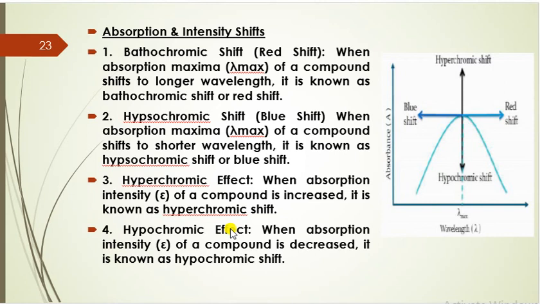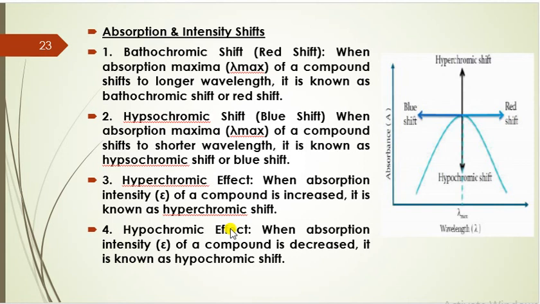The other type of effect, opposite to the hyperchromic effect, is known as hypochromic effect. When the intensity of the absorption of the radiation by a compound decreases, it is known as hypochromic shift. So basically there will be a decrease in the intensity of the absorption of the radiation.